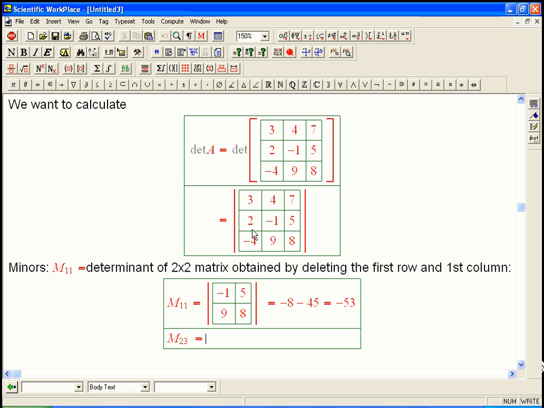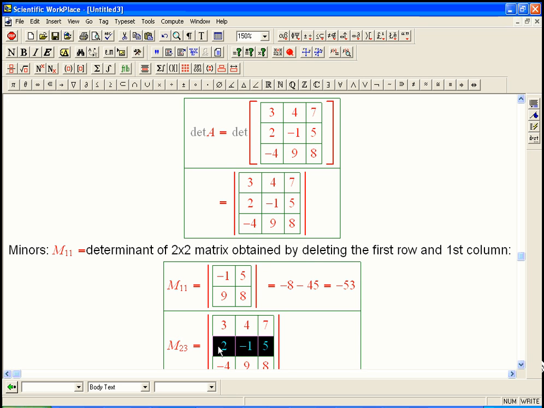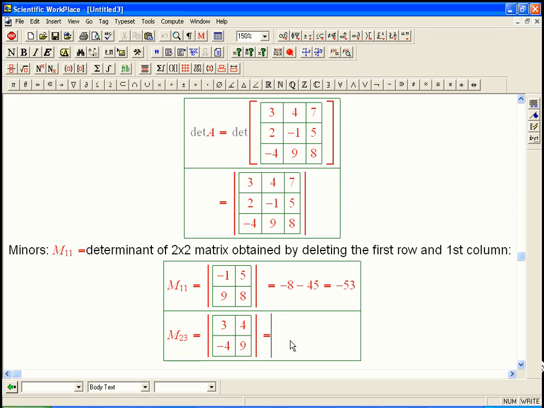It's always row, column: second row, third column. That's this entry 5. And we're going to delete its row and its column, so we delete the second row and the third column. That minor is going to be 27 plus, because it's these two entries, minus a minus 16. So 27 plus 16, again a fairly large number, 43.